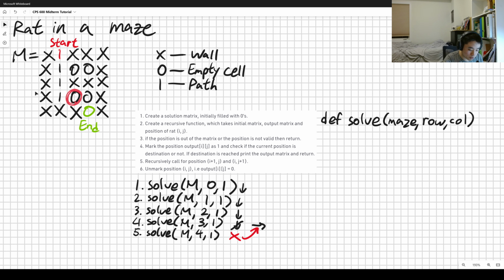Okay, the right side looks good. So we're gonna mark this as a 1. And then we're gonna look down again, but this doesn't work. So from here, we go through M32 instead.